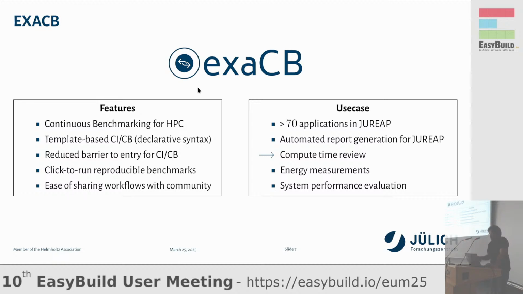There is a process otherwise, but this is much easier. And we were able to get around 70 applications to use this. They also had to do quite a bit of work, but what they got in return was automated report generation and automated energy measurements, which I'll come to in a moment, and what we got was system performance evaluation and so on.